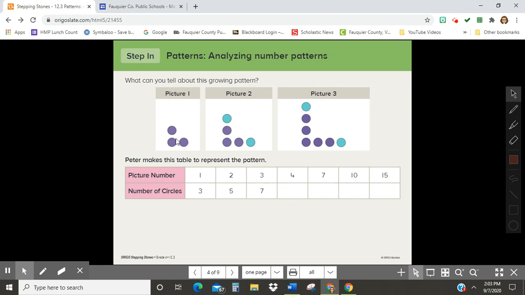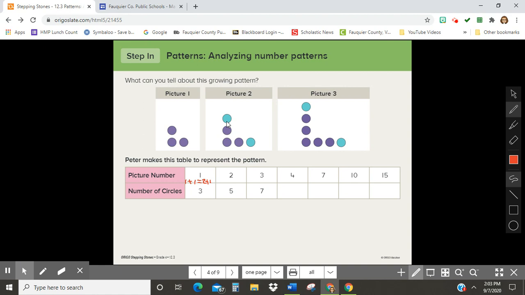So in the first one, picture 1 is 1 plus 1 equals 2, plus 1 more equals 3. For picture 2, it's double. So it's double plus 1. Double picture 2 plus 1 more.